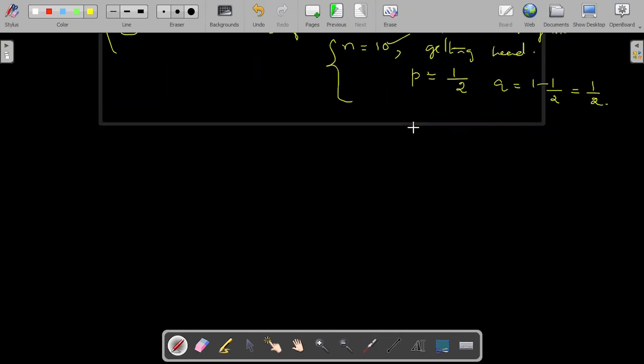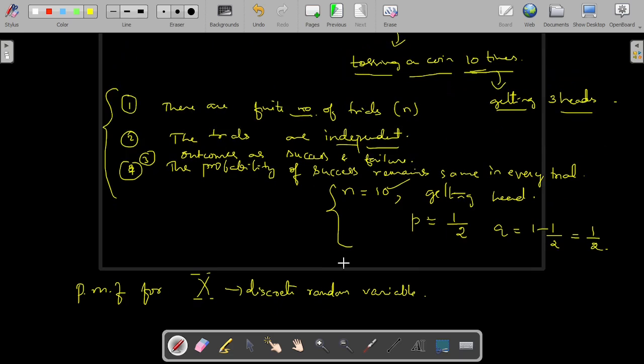Now, how to define the distribution function for this? That is the probability mass function for this discrete random variable. Let x be this discrete random variable which satisfies the conditions for binomial distribution, means all these conditions.